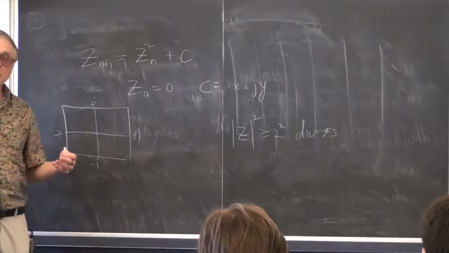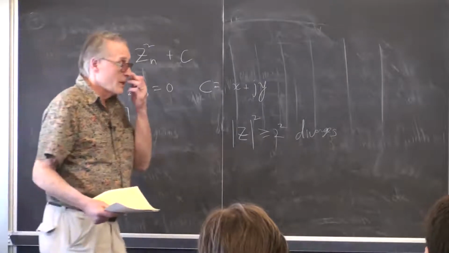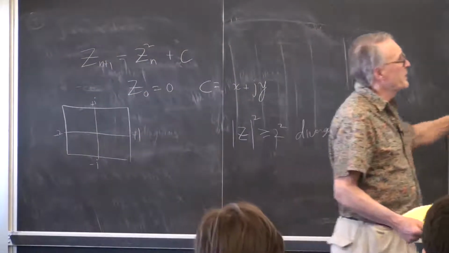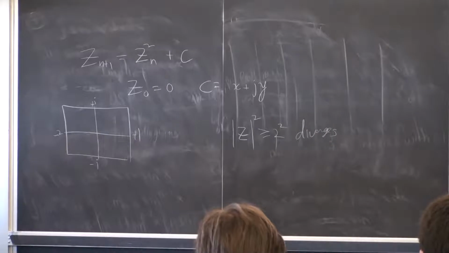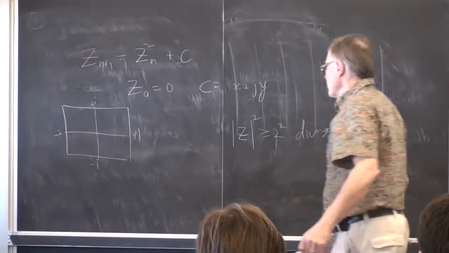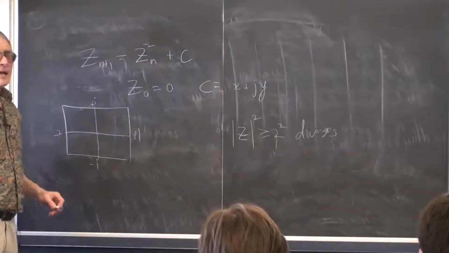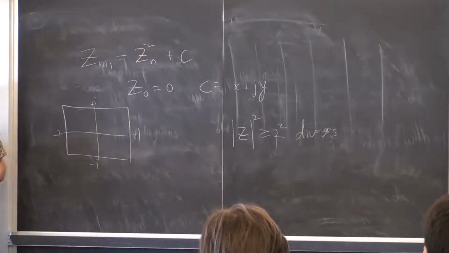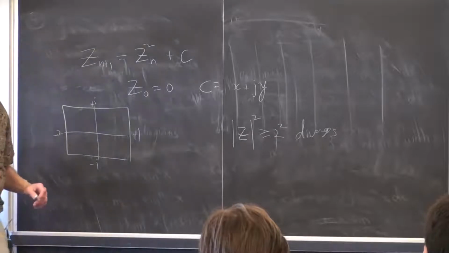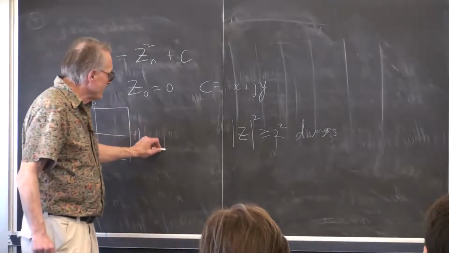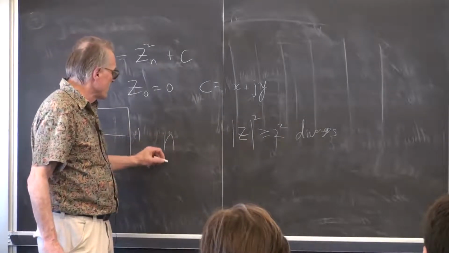And of course, since many of the interior points are never going to diverge, you have to have an ending criterion. I believe the spec on the lab says you have to be able to choose what the ending criterion is, and it's going to be some number of iterations.